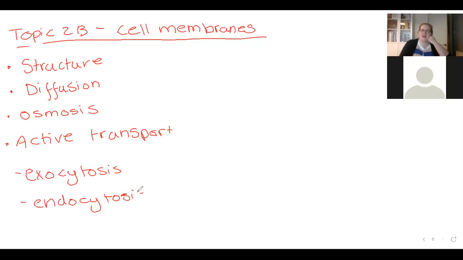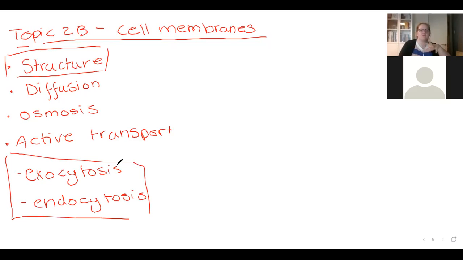So again, these are all things that we sort of have, apart from cell membrane structure, which will be basically a new thing completely. You'll have some sort of understanding of the other three, and we're just making them a little bit more complex and in a little bit more detail. And then finally for topic 2, we do topic 2C.